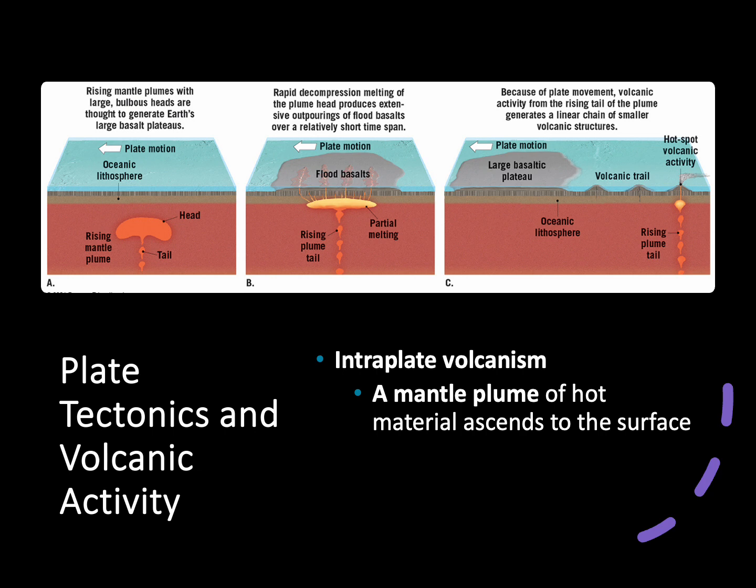But over time, the plate on top of that hot spot will move. Hot spots are stationary. They always stay in one spot. But the plate is going to move on top of it. So it's going to form other large flood basalts that eventually, if they get tall enough, will become volcanic islands. And all of this we can see in Hawaii.